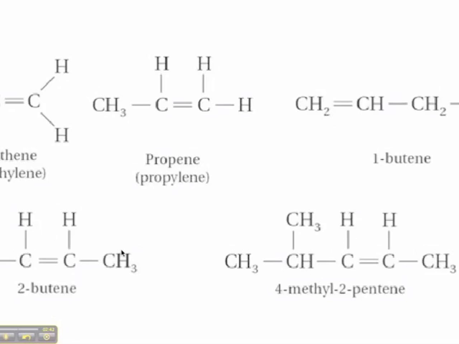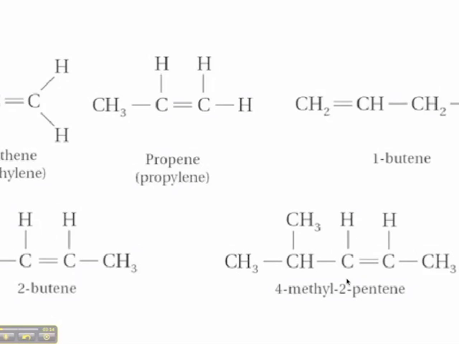Okay? And then this one is a good example of showing where the bonds are. So, excuse me, this is pentene, and there are two ways that you could number it. You could number it 1, 2, 3, 4, 5, or you can name it 1, 2, 3, 4, 5.